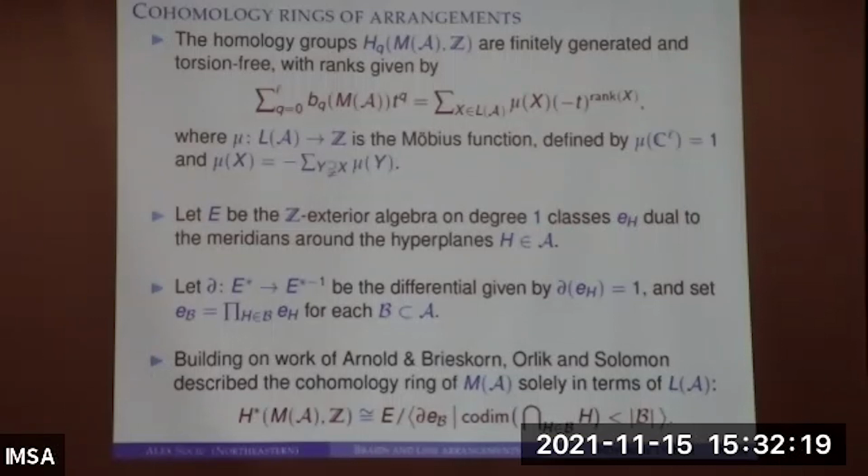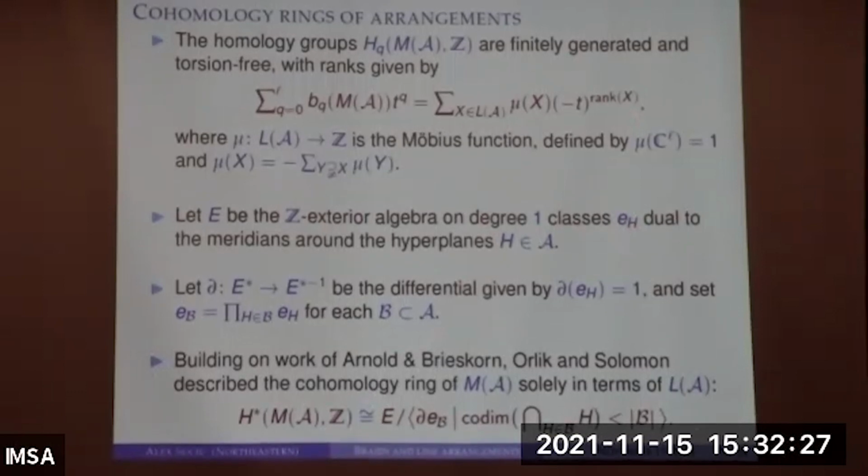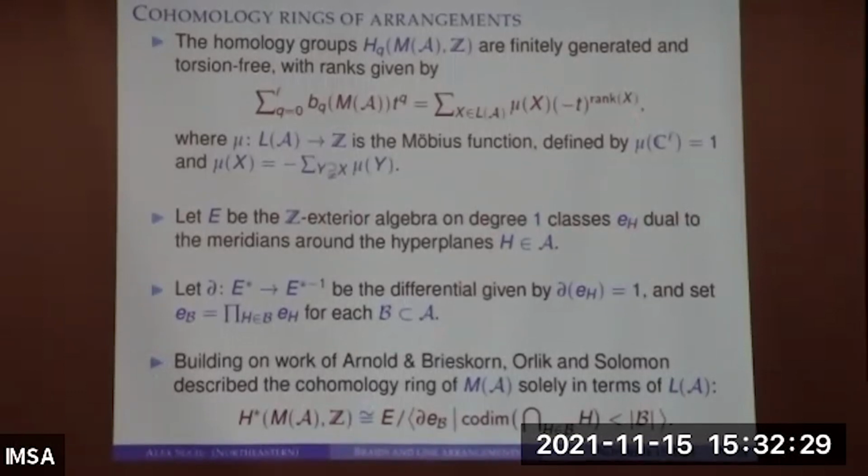So these are the dual meridian classes, and they are the generators of this algebra, and then the relations are defined in terms of this lattice, with the information from the lattice given by computing this differential, which on the generators takes the value 1. And then you extend to the whole algebra by the Leibniz rule.